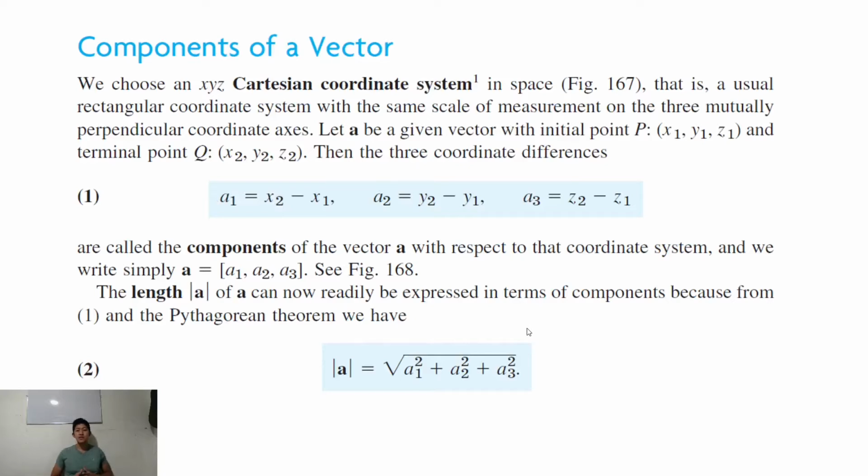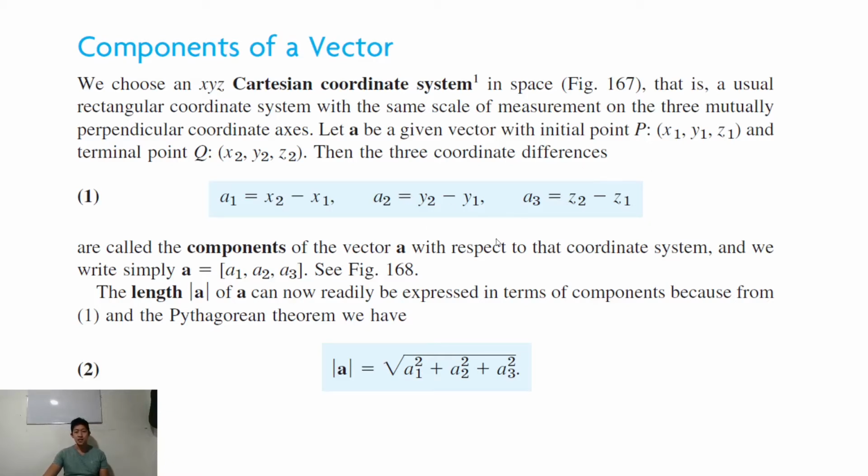In order to determine the components of a vector, you need to get the distance between the different coordinates. So you subtract the x coordinate of the initial point from the x coordinate of the terminal point. That is the x component of your vector A, and the same process for y and z.